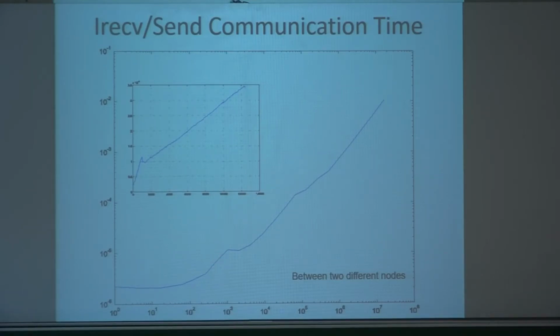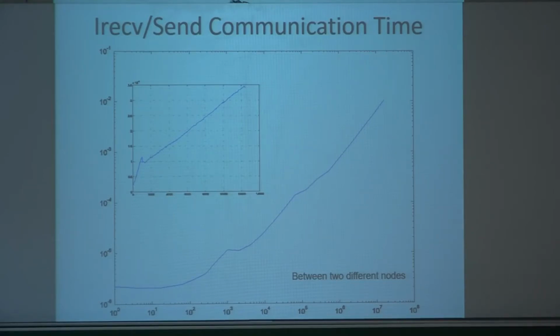It's called the eager protocol versus the rendezvous protocol. If you have a short message, the message is just sent immediately. We don't worry about whether the receiver has already said where to put it, because the receiver is just going to put it somewhere and then eventually copy it to where the MPI receive said to put it. That's the eager protocol. With the rendezvous protocol, for a longer message, you can't do that because there's no guarantee that on the other side you have space to store the message.